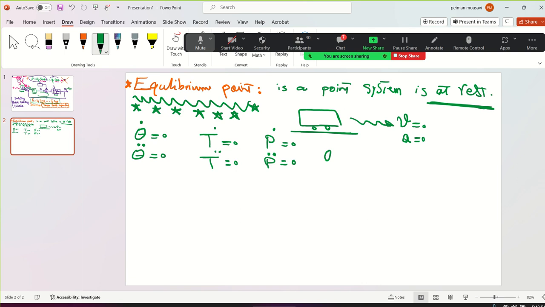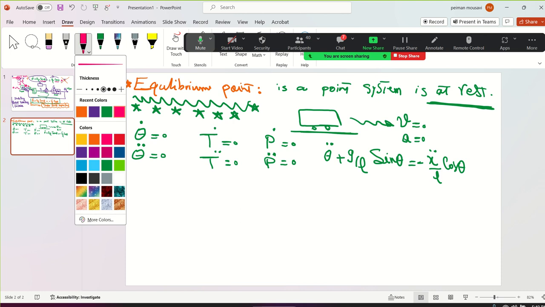So when I say theta double dot plus g over L sine theta equals minus x double dot over L cosine theta, first of all, when I'm talking about the equilibrium point, this is very important, guys, it means the system by itself is zero, not based on the external force.